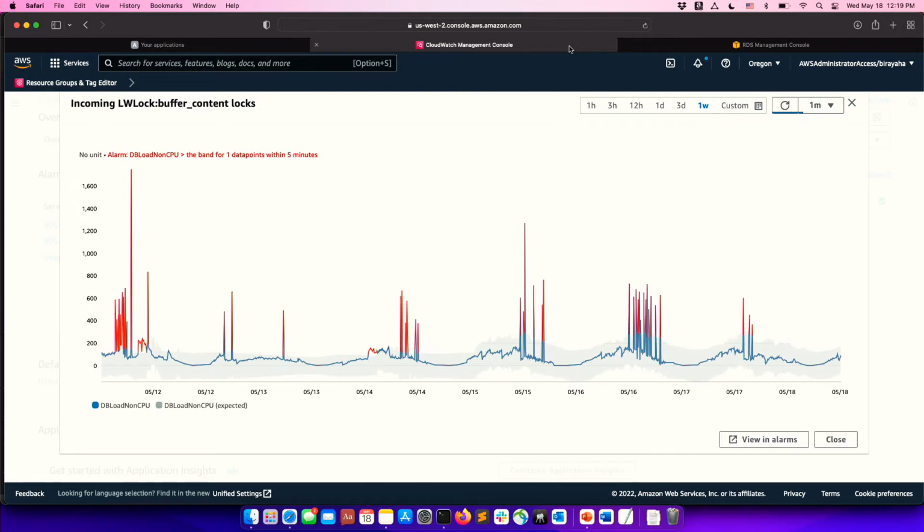And so, the key takeaway from this pattern is to try and identify metrics of your database that change as a result of buffer content lock, but quite frankly, other locks, and see if you can correlate that.